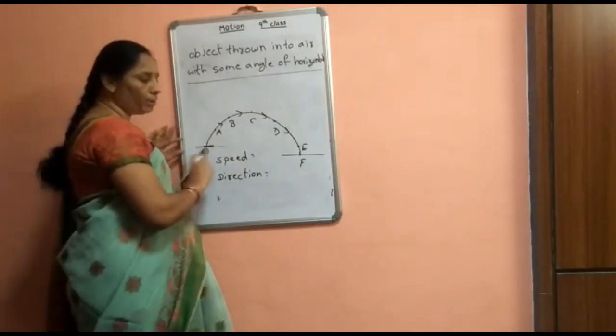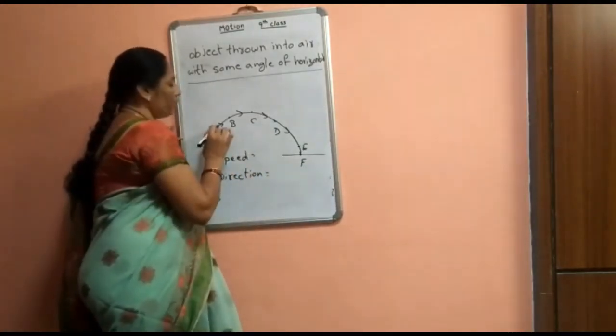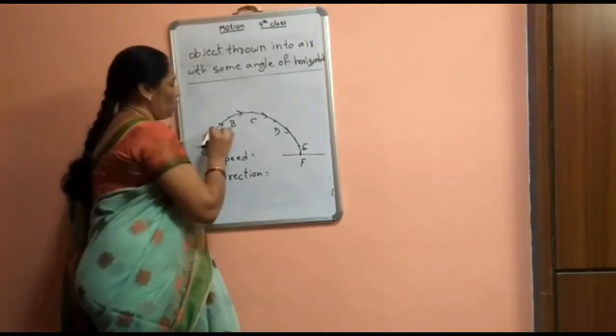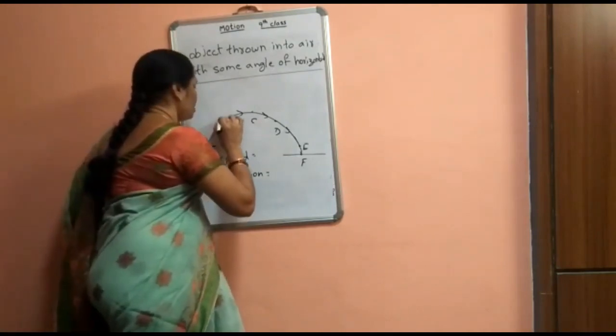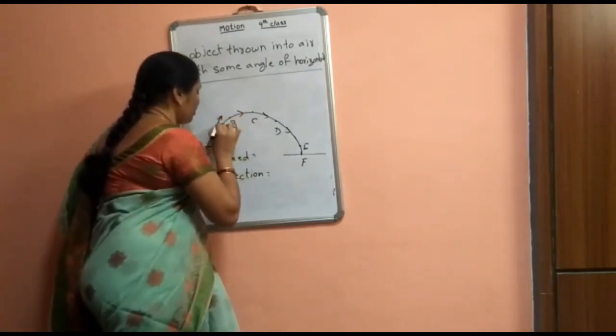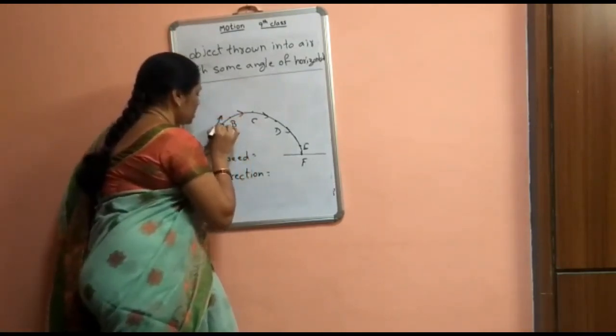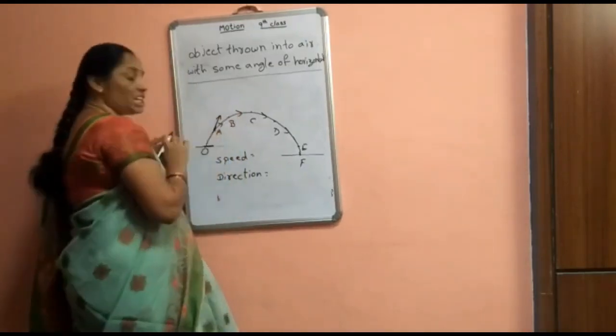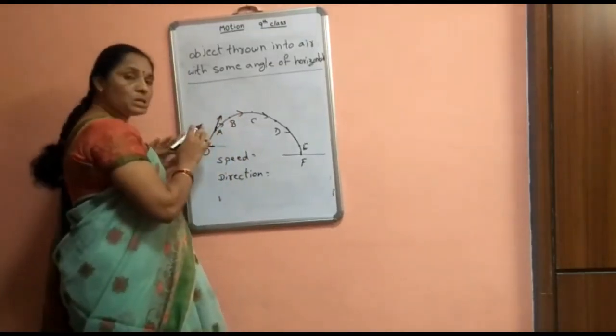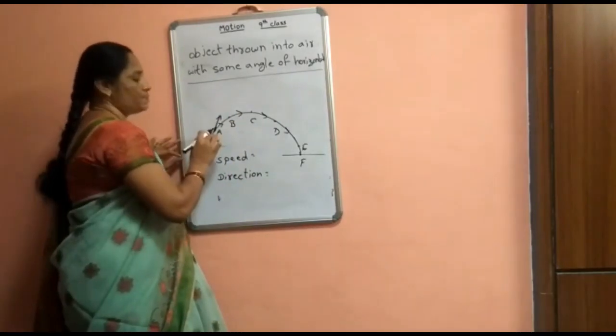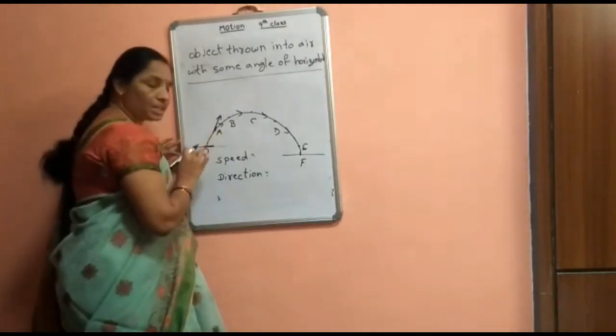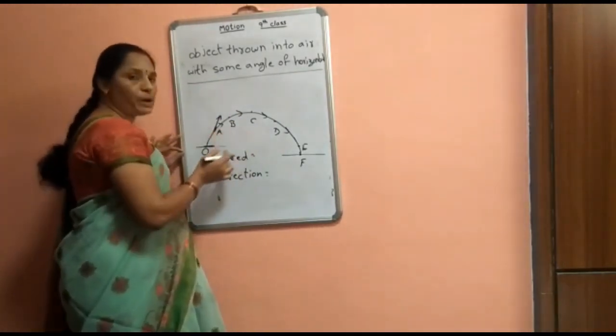If we take point A, what is the direction of the object? The direction of the object is along a straight line. And what is the speed? Here also speed changes. Speed changes, direction changes at each point.